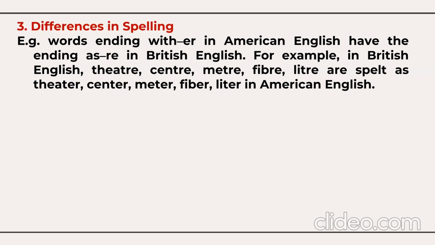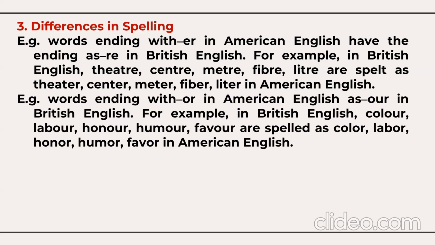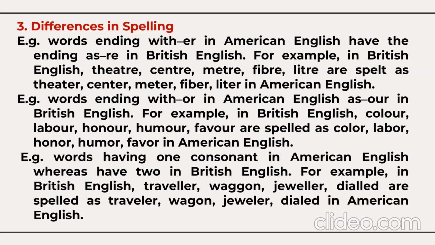In American English, er. In British English, re. Next difference we have here, the words ending with or in American English, but our in British English. For example, colour in British English, but in American English, color.